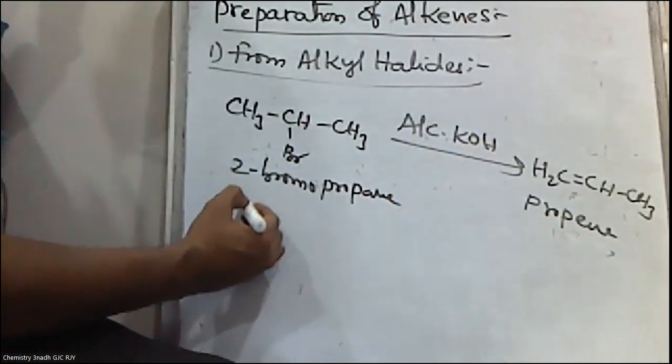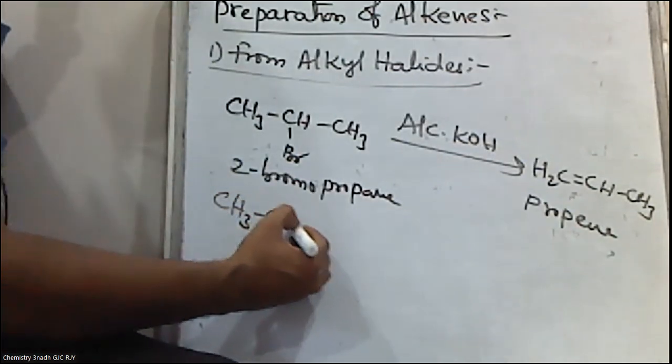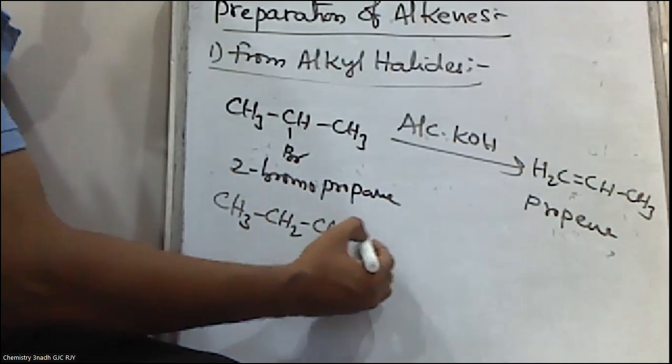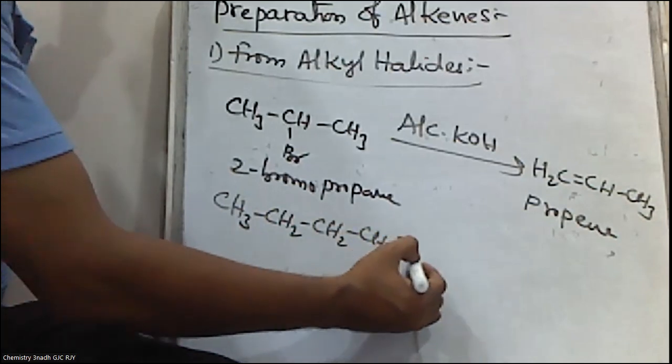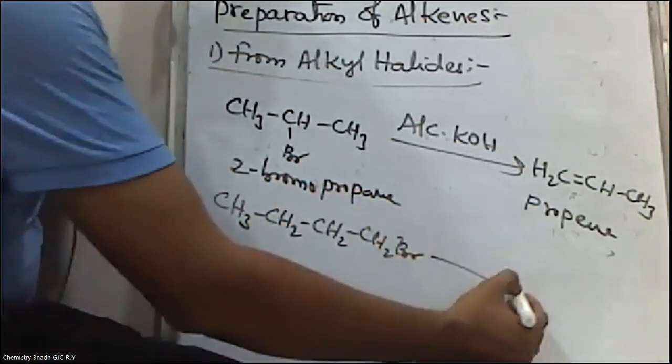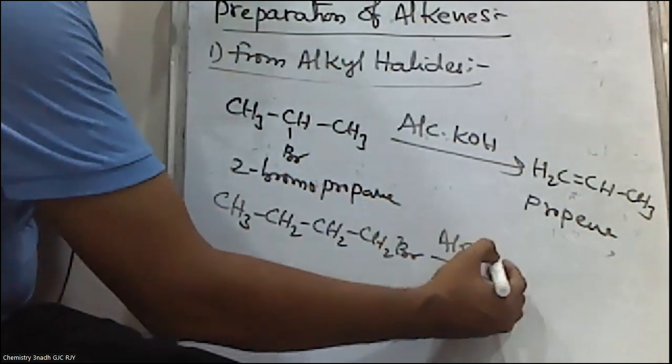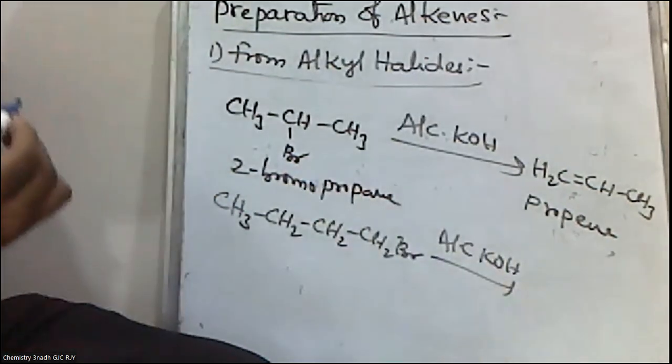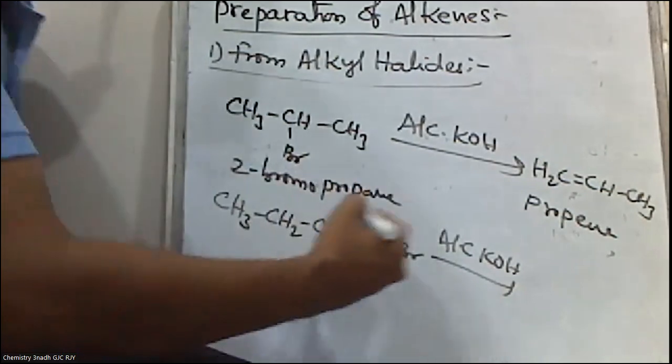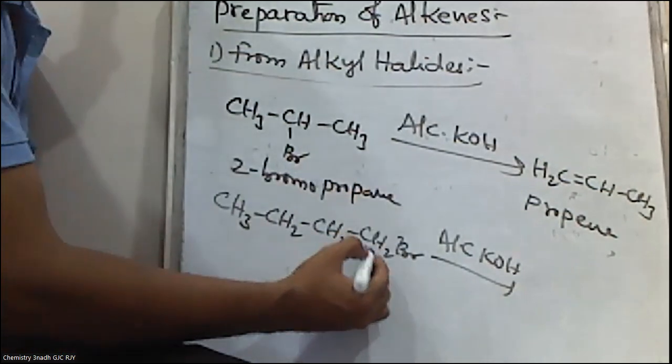Suppose, let me give you one more example. CH3CH2CH2CH2Br, when treated with alcoholic KOH, what happens? Here, from this carbon, bromine will be removed.